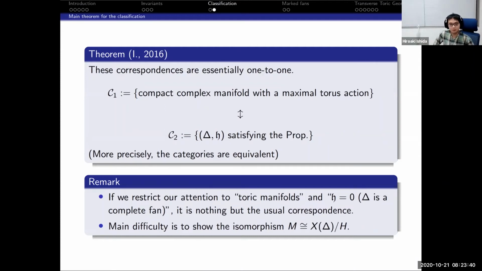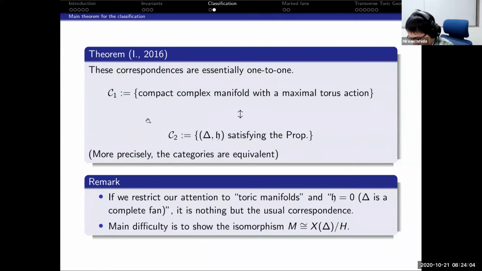As is well known, there is a one-to-one correspondence between non-singular complete toric varieties and non-singular complete fans. So this is a generalization of that correspondence.